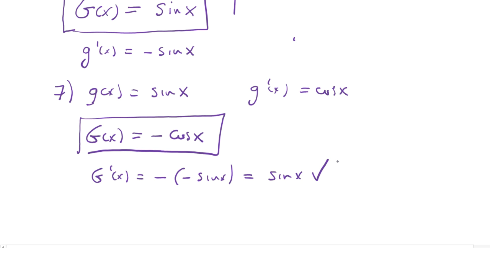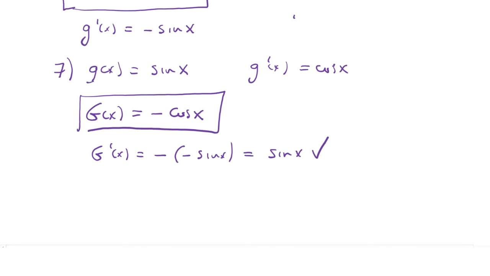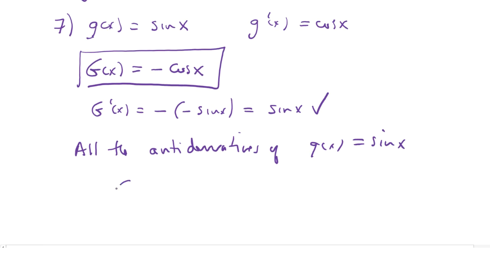So you've got to be really careful when you're taking integrals of the sine and the cosine. People often differentiate them when they should be integrating, and don't make that mistake either. And so finally, if we continue with problem 7, since we found an antiderivative, if the problem asks to find all the antiderivatives of g of x equals the sine of x, in that case we write the family down and we would write capital G of x is equal to minus cosine x plus c.